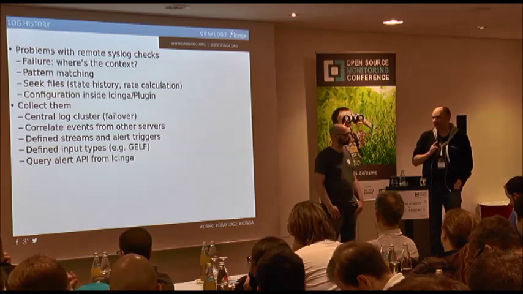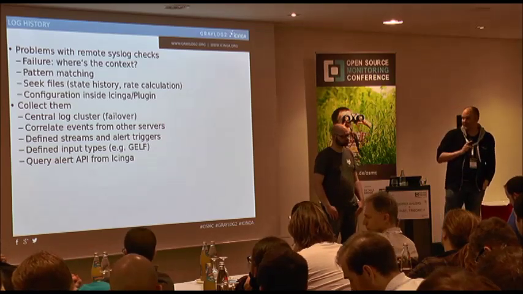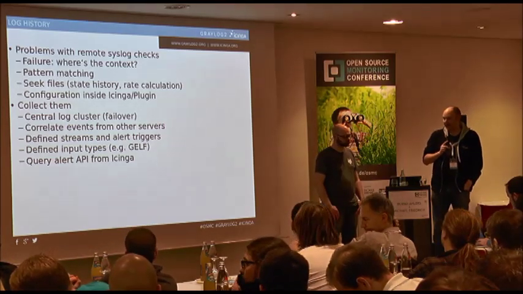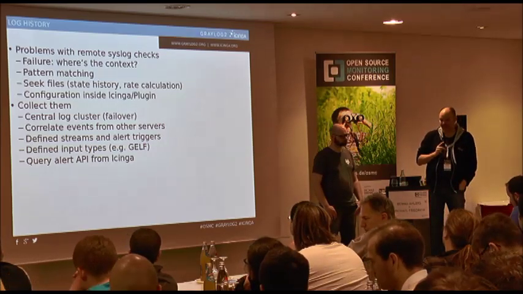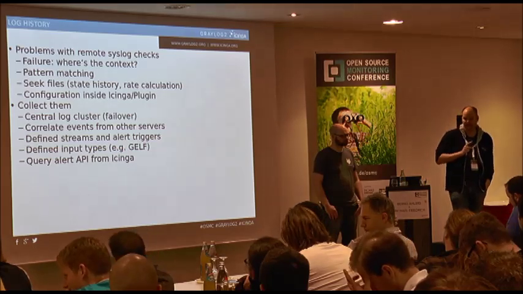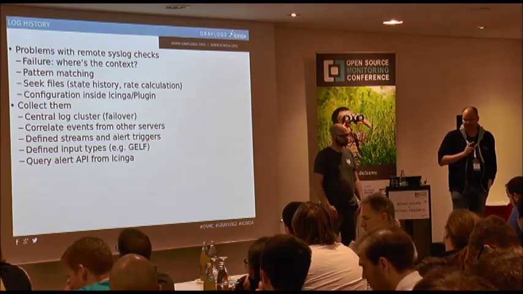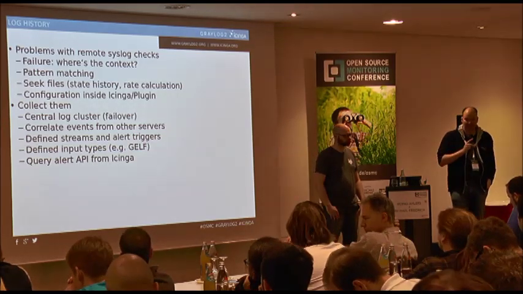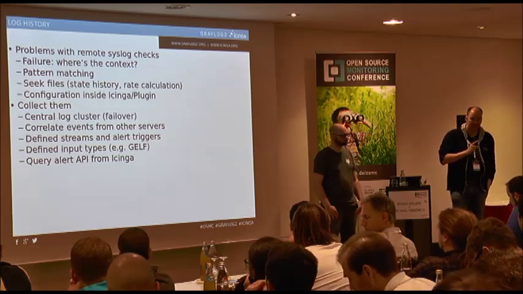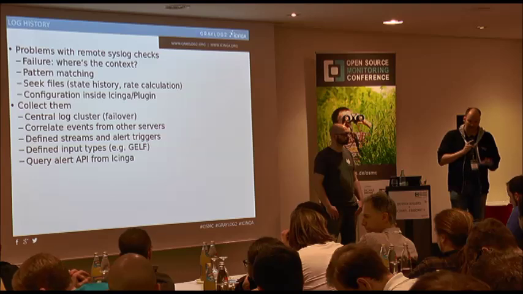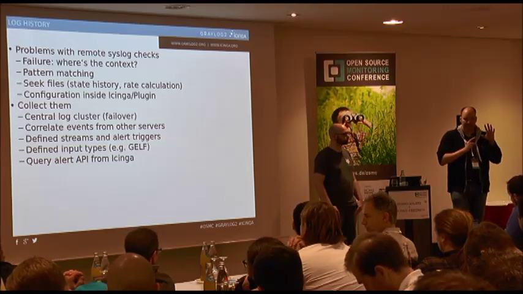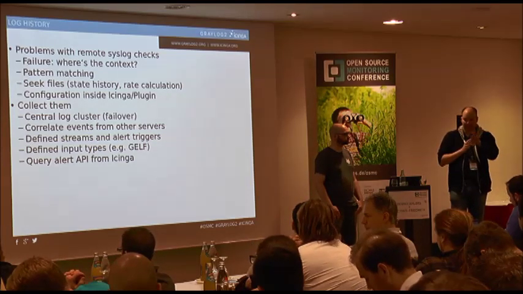You have to define the input types like the get format, the extended log format, and I have an API I can query with the monitoring tool. So I get something which has a certain pattern match defined on the log management tool, and I just say, please check that API for that stream, for that alert which is configured on the other side.